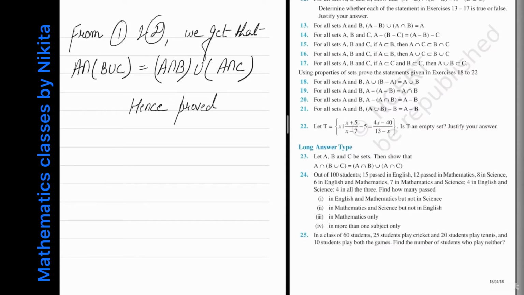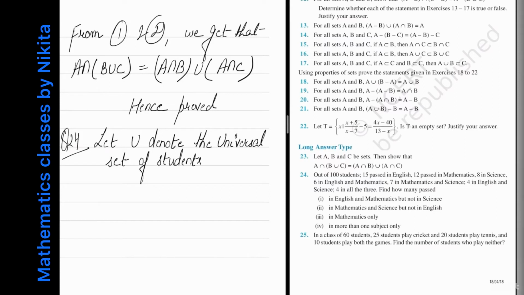Now first of all, what is given to you? Let's first of all define the sets. So let U denote the universal set of students. Now you have 3 subjects, math, science and English.